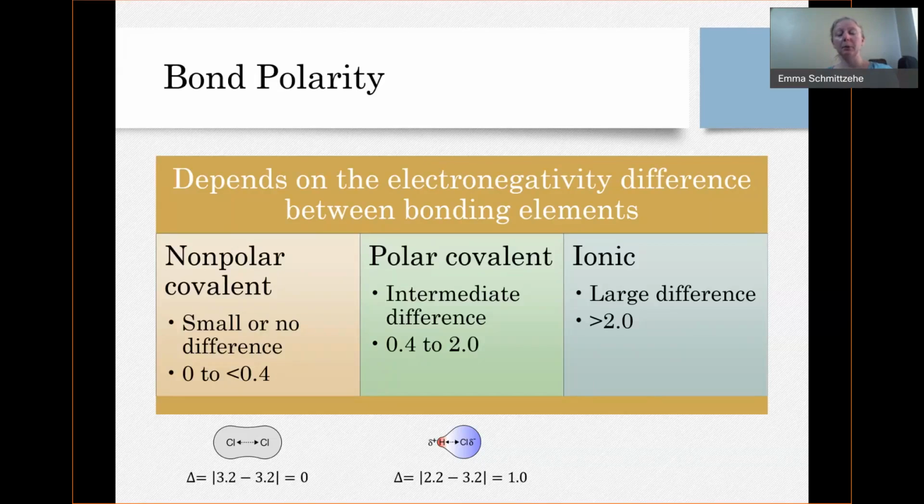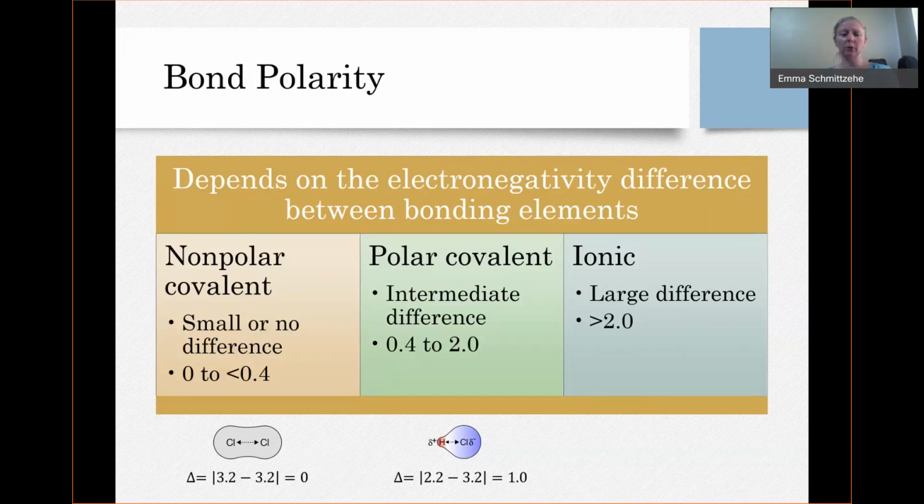And so that's going to happen when the electronegativity difference is greater than 2. Okay, so if it's greater than 2 of a difference, then whatever has that larger electronegativity, it's just going to take the electrons from the other element. And the other element's going to be kind of okay with that.